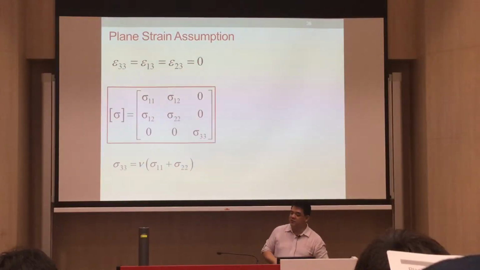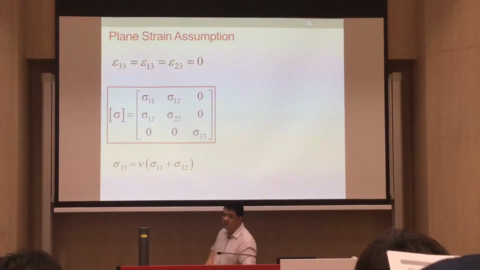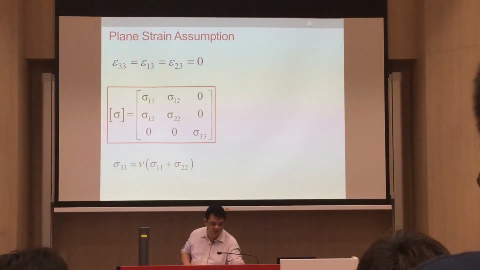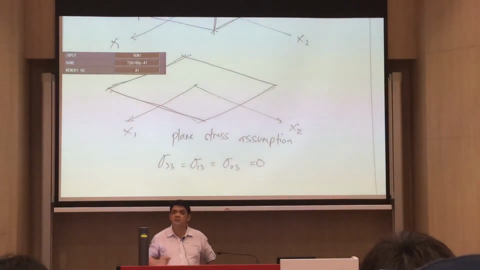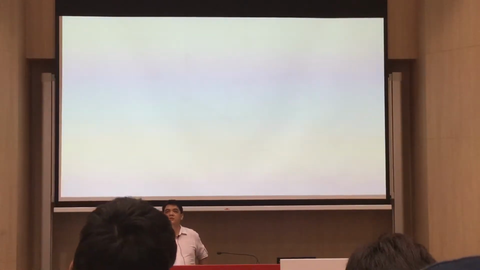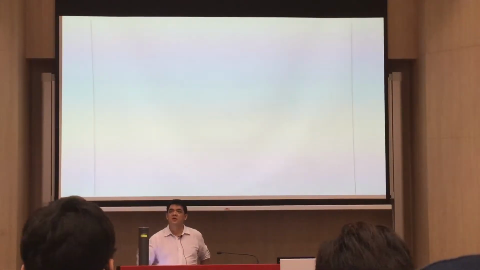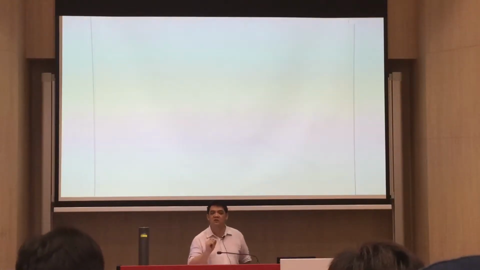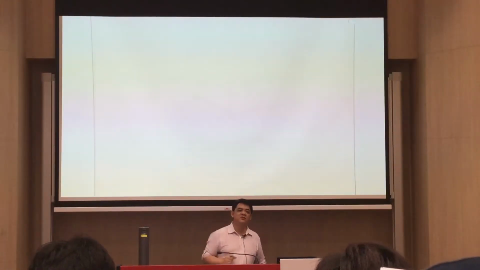The second assumption is the plane strain assumption. So what does this plane strain assumption mean? This plane strain assumption assumes that one side is much longer than the other two sides.